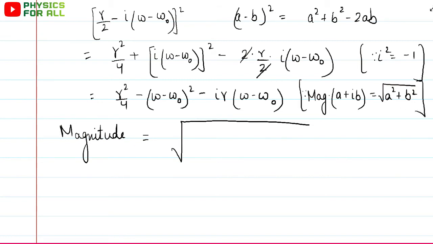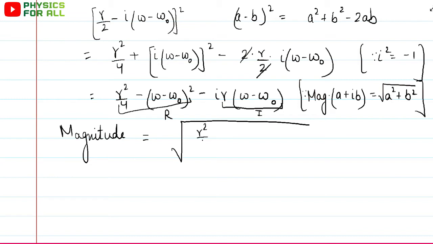So all we have to do is first square the components, both the real and imaginary components, and then take the square root. Here this part is the real and this is the imaginary. So let's square it.